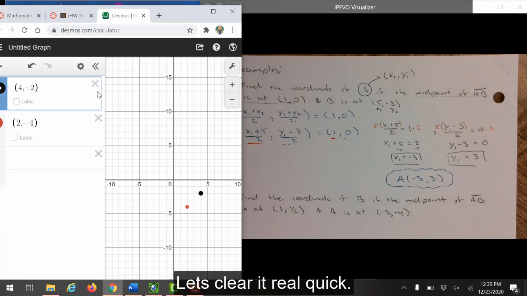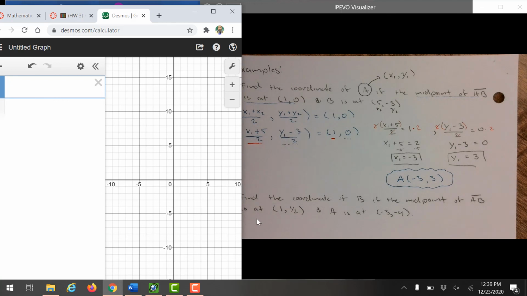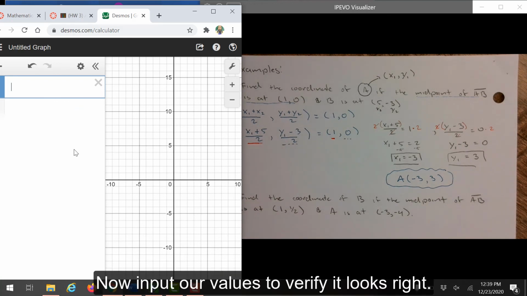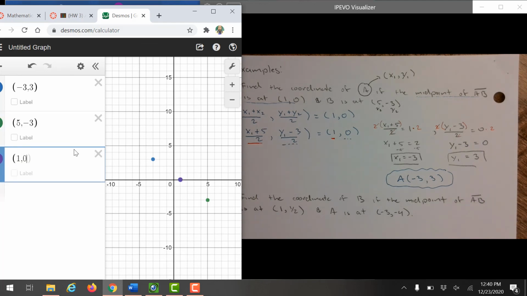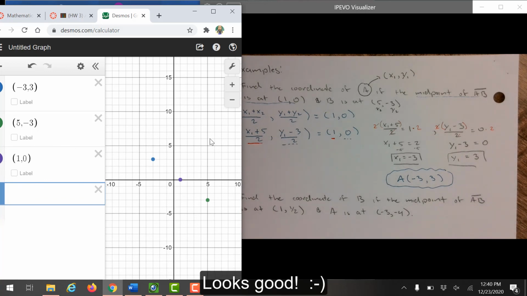Let's clear it real quick. Now input our values to verify it looks right. Looks good.